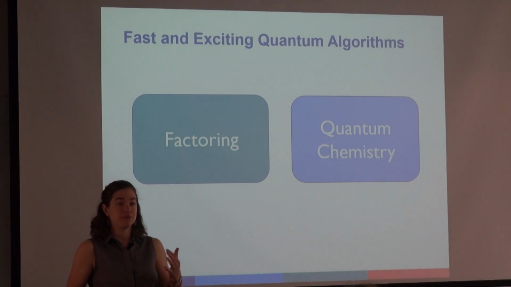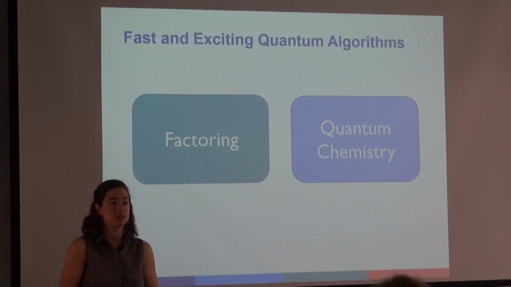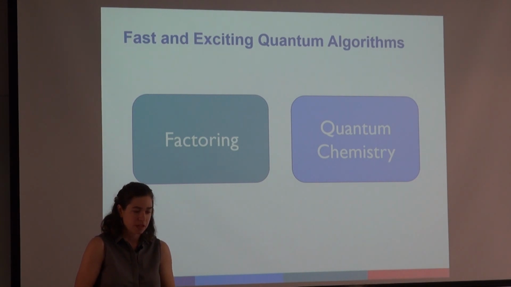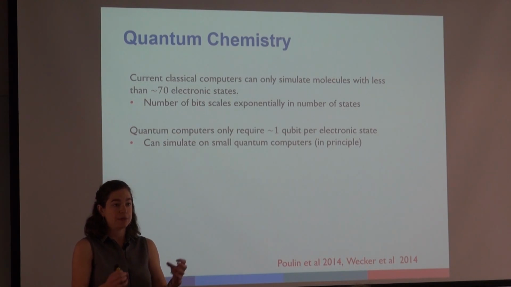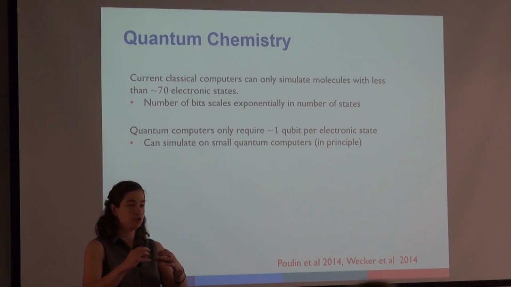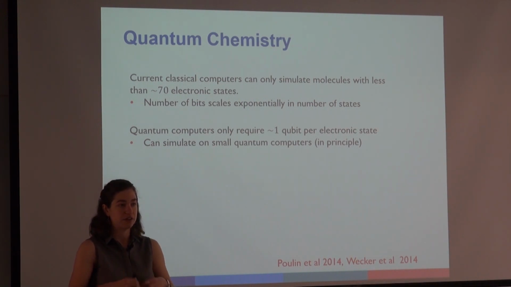The second kind of disruptive or really big application for quantum computers is in quantum chemistry. The idea is, if you want to simulate the chemistry that happens between, say, two molecules, maybe you're trying to see if they react with each other, doing this with a classical computer is incredibly hard.